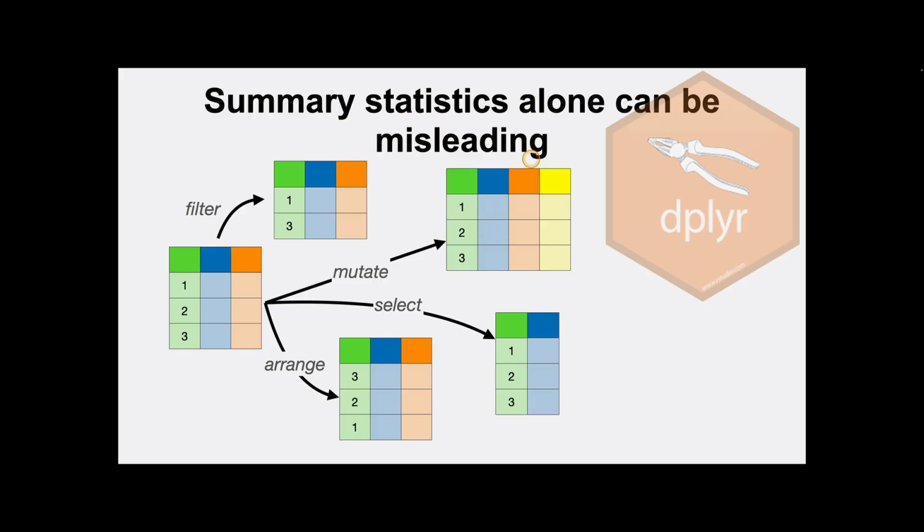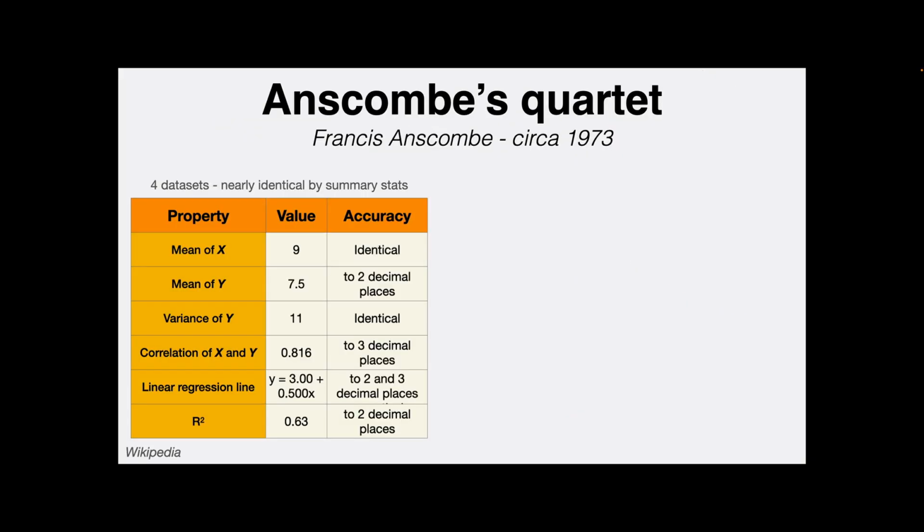be very misleading. A classic example of how summary stats can be misleading comes from Francis Anscombe, a statistician who in the 1970s coined something that we now call Anscombe's quartet. If you're not familiar with this, it refers to 4 data sets that by a range of different statistical properties, different means, variance, correlation, linear regression, R-squared that I'm showing here, those 4 data sets are identical or nearly identical.